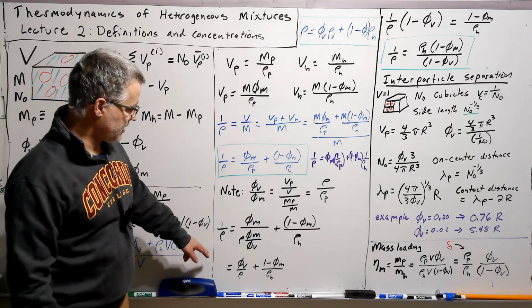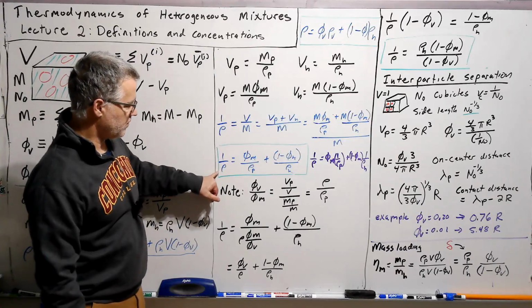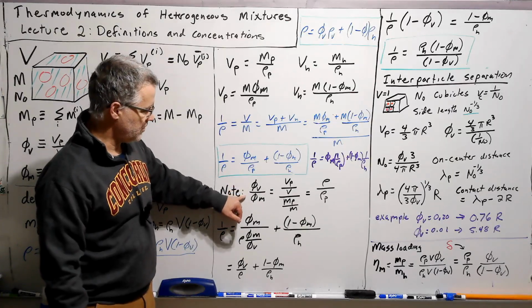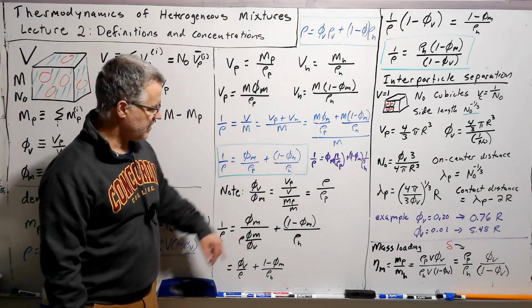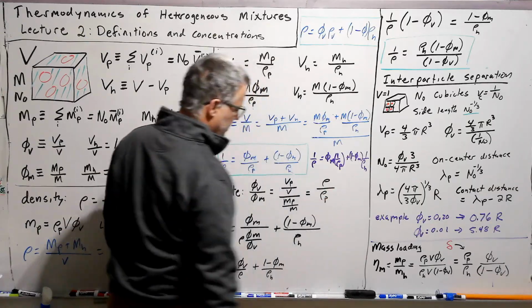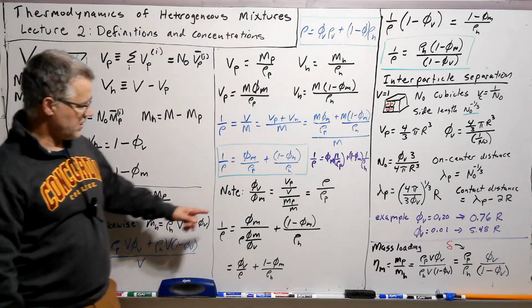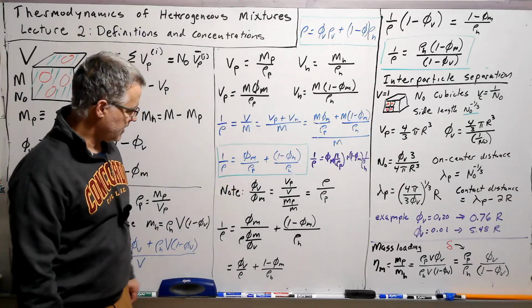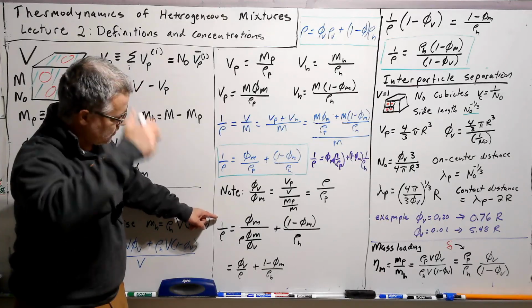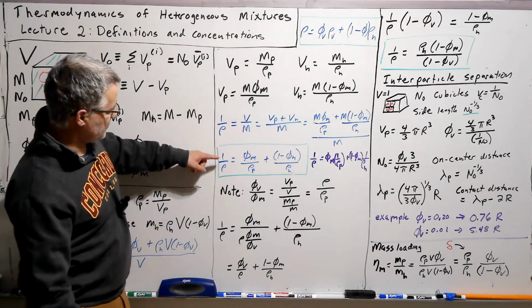Let's derive yet another expression here involving density, and in fact involving 1 over density. Let's look at the ratio of these two. We can write that, and that ends up being the ratio of the total density over the density of the particle. You can check my work here. Now we're going to write 1 over rho using this formula.